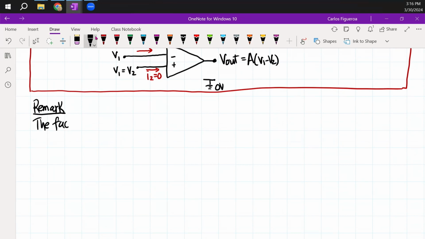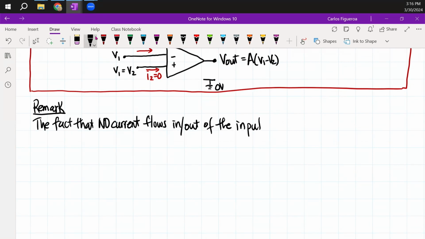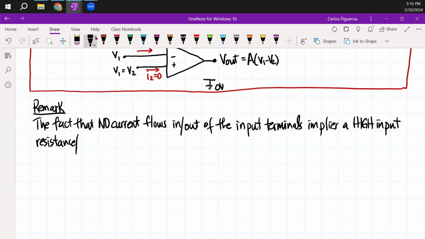The fact that no current flows in or out of the input terminals implies a high input resistance slash impedance.